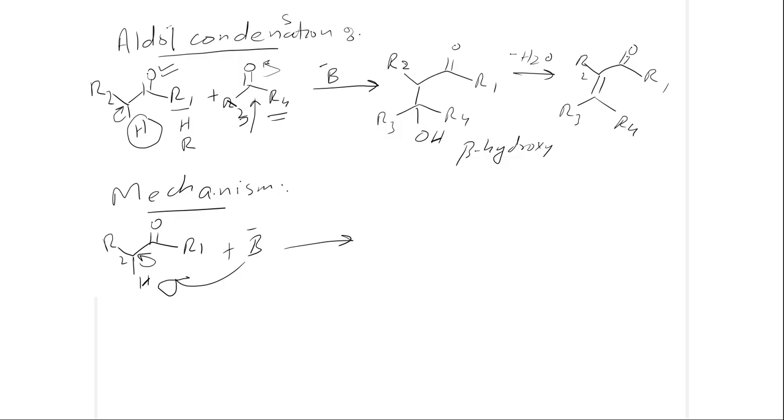So when the base abstracts the proton at the alpha position, a negative charge will be at the alpha position. This is the carbonyl. Now in the next step, what will happen? This negative charge will attack a ketone or aldehyde, any type of carbonyl functionality.